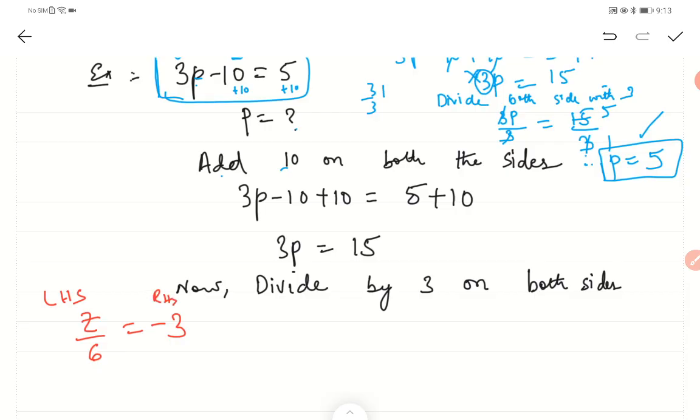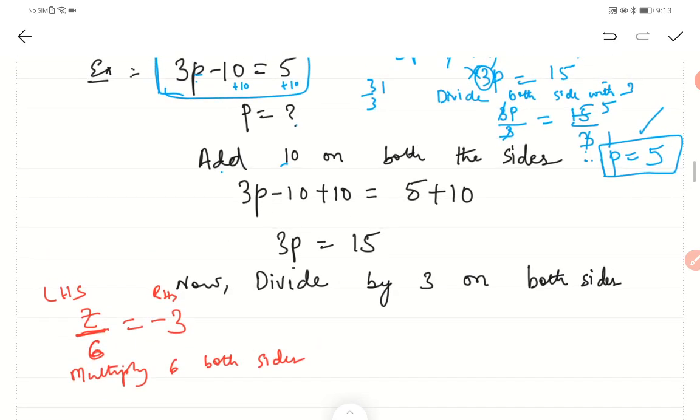So I want to remove this divided by 6 from the left hand side. What can I do? If I multiply with 6 on both the sides, what will happen?